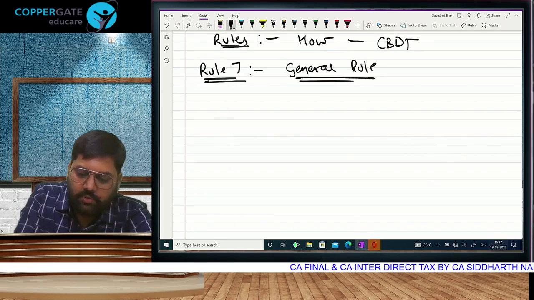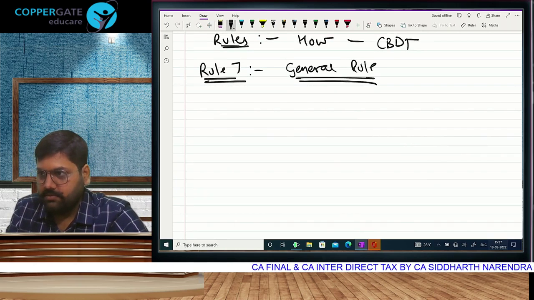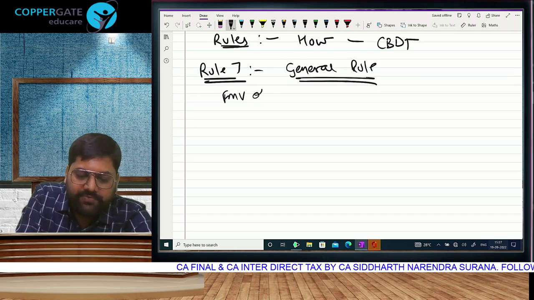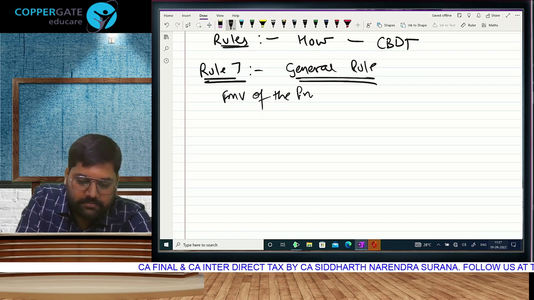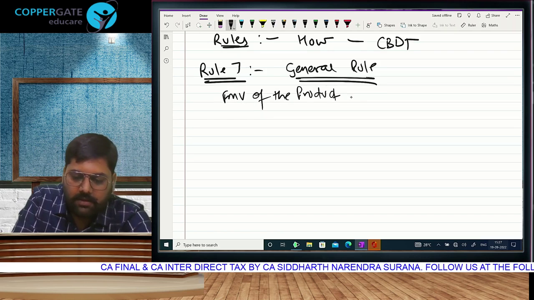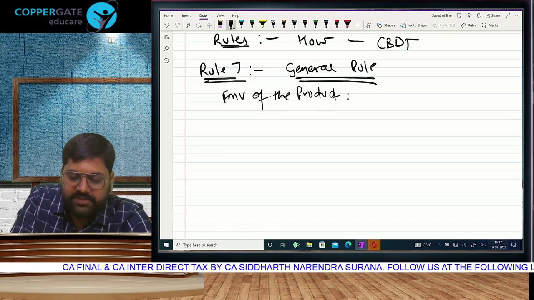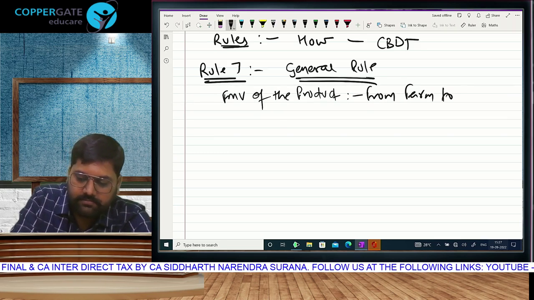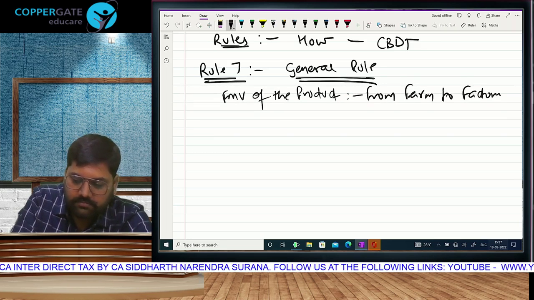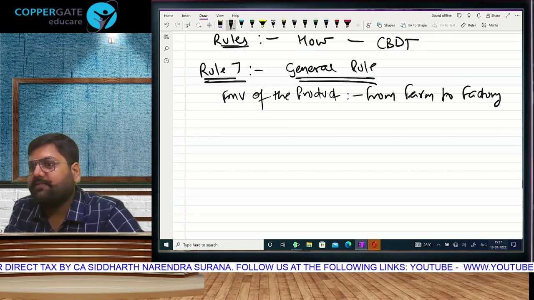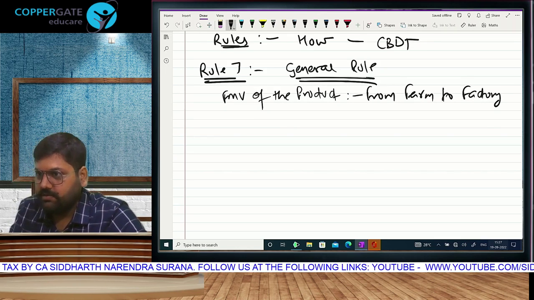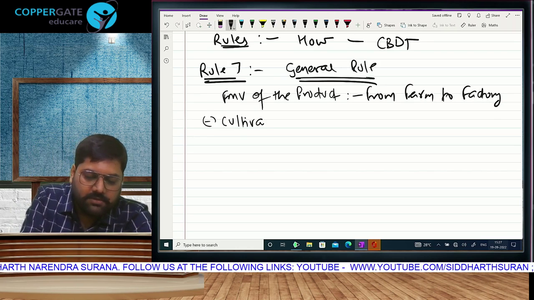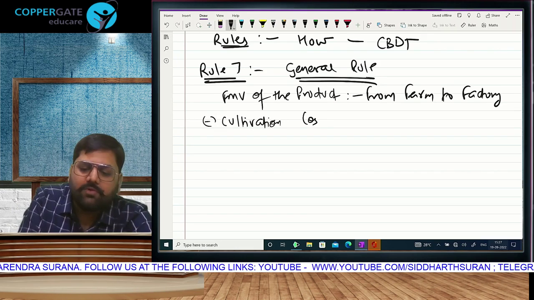Rule 7 is a general rule. That as a general rule, what we will do is take the fair market value of the product which is going from farm to factory. Market value of that product which is going from farm to factory. इसके सामने माइनस द कल्टीवेशन कॉस्ट. ये किधर होगा? फार्म में के फैक्ट्री में?